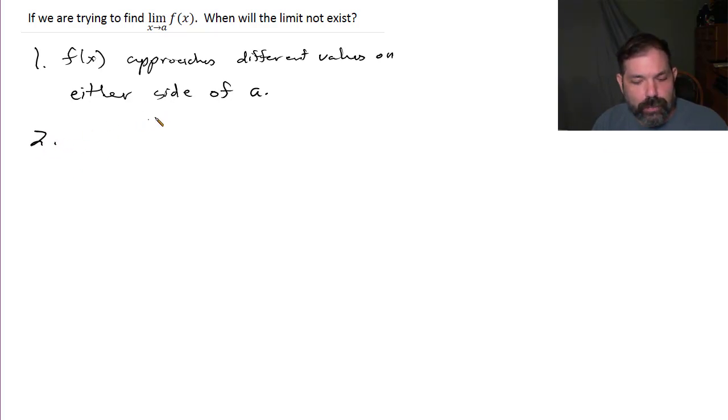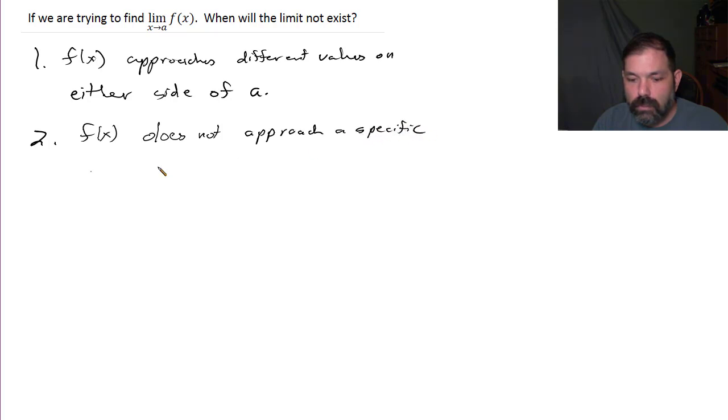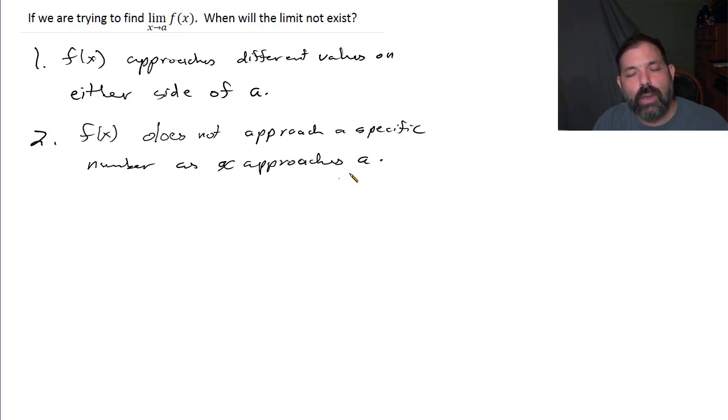The second situation that we saw was the function oscillates, or the f of x does not approach a specific number as x approaches A. We saw an oscillating behavior, but not approaching a specific number.